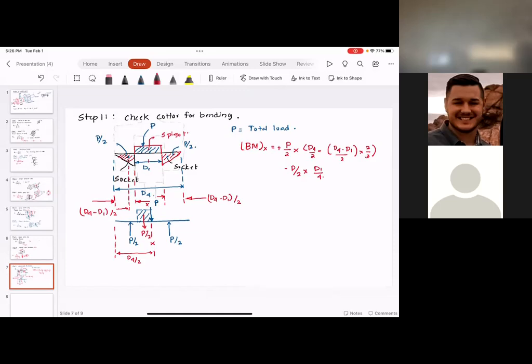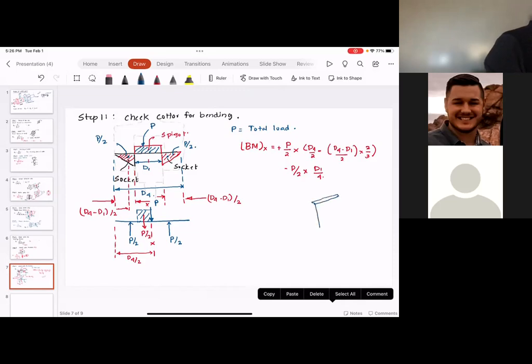Once you find out the bending moment, please note, you know the cross section of the quarter. So I just want to show you how that quarter is loaded.